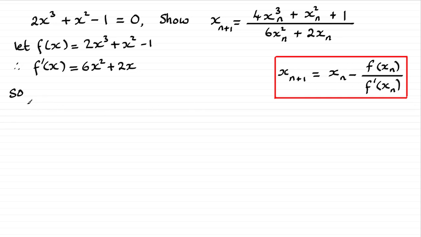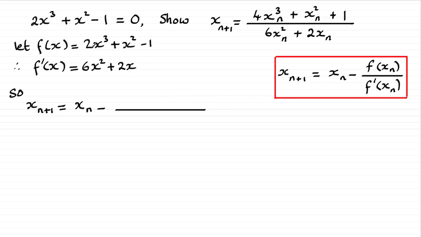So for the n plus 1th approximation to the root, x, we've got x with the subscript n, and then it's minus, and then we've got our fraction here where we've got f of xn.